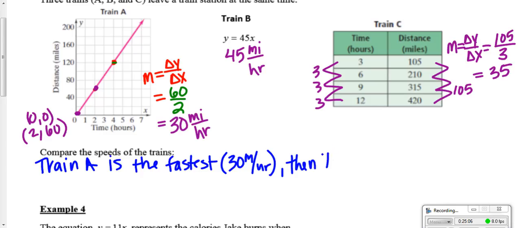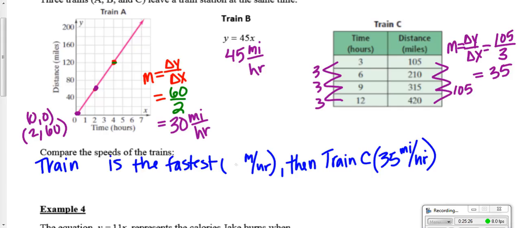Then train C, okay, this was at 35 miles per hour. I am so off. What am I thinking? I have this backwards. You're probably thinking I'm crazy. It is not train A at 30 miles per hour. Okay, this is train B is the fastest at 45 miles per hour.